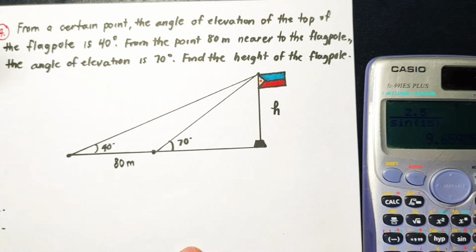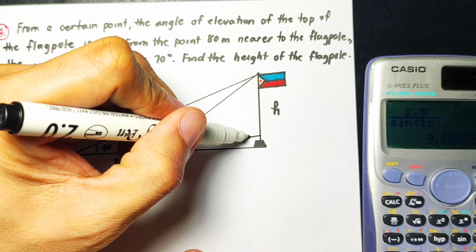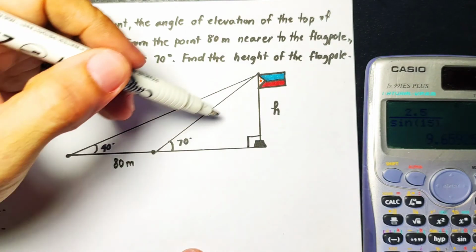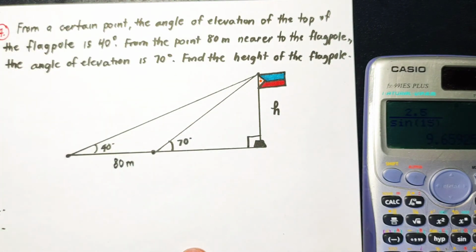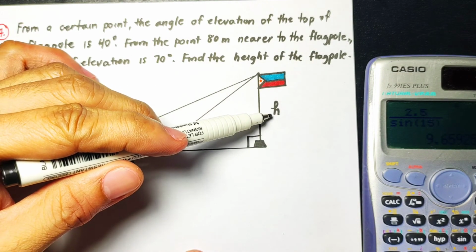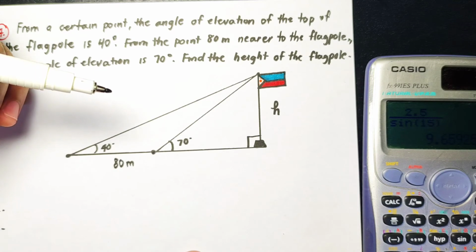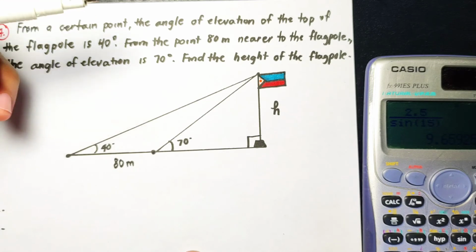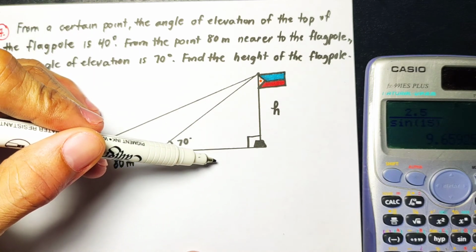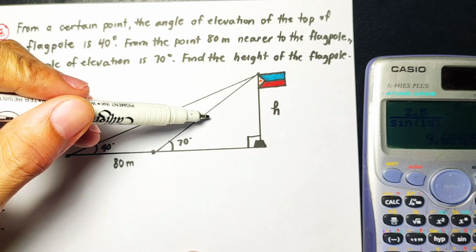There is a right angle there, and we can form the right triangle. To find the height of the flagpole, we may use SOHCAHTOA. But we do not have a value for this and for the hypotenuse.